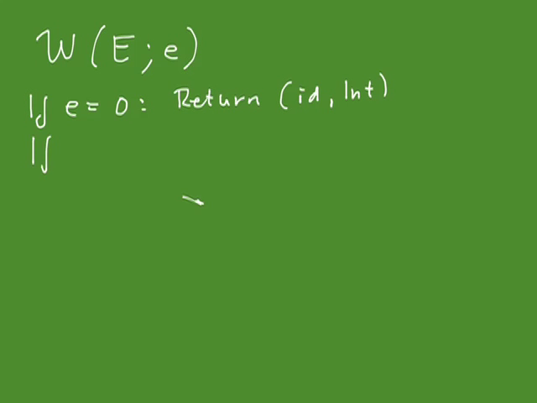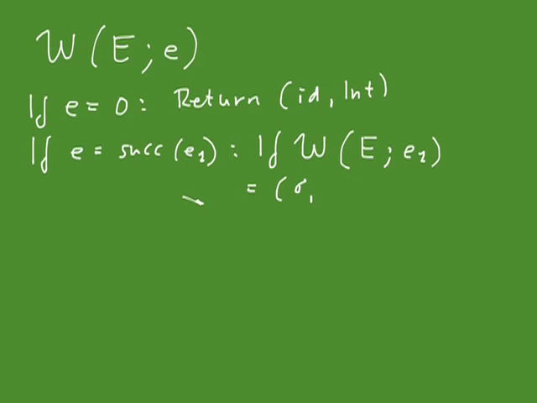If it's a successor expression E1, we call recursively, and if by calling the well-typed algorithm on E and E1 we then get sigma and int, then we return sigma and int.